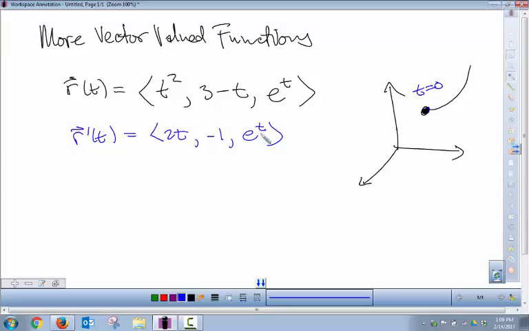We can think about the position function as the first one. The velocity function is the second one. And then we can take the derivative again. 2, 0, e to the t. And then we have what we might call acceleration. So we can call this v of t and a of t.